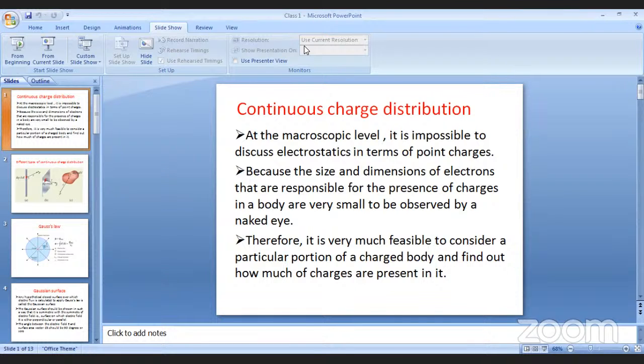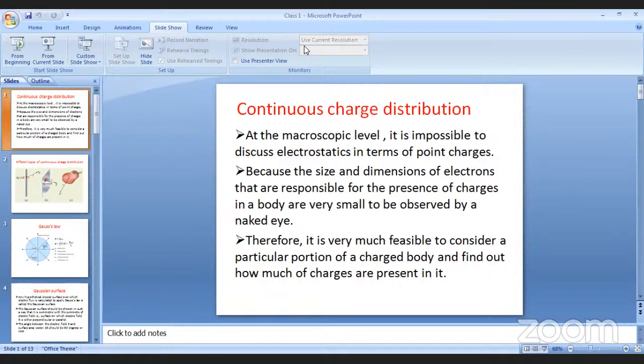But at the macroscopic level, whenever you see a body or an object, there is a continuous distribution of charges in the object. Because whenever you see objects with your naked eye, you won't be able to see the different point charges present in the object.